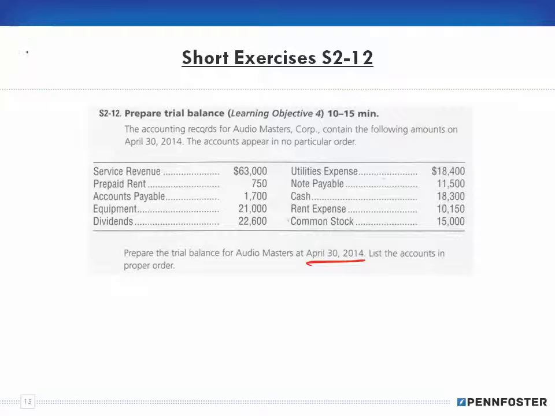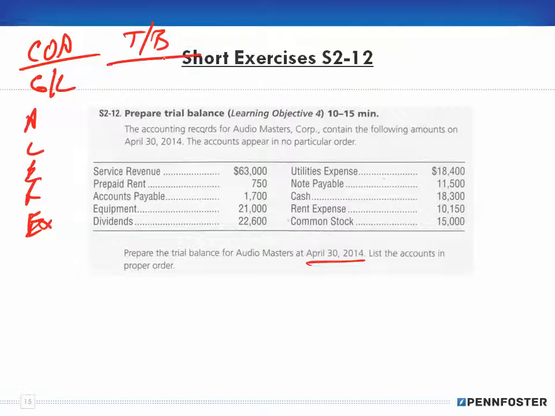Remember, a chart of accounts is nothing more than a listing of the general ledger accounts, listed in order by assets, liabilities, equity, revenue, and expenses. When you create a trial balance, you have a listing of those general ledger accounts and the balances in the accounts.